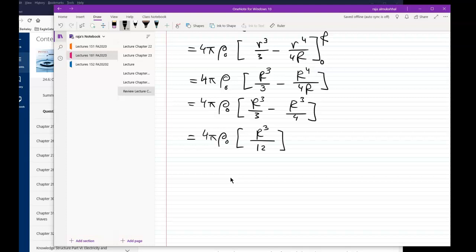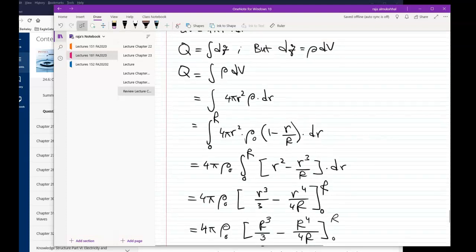Oh, I forgot to put the limit, 0 to R. And then we'll plug in there. Again, we are solving for big Q, remember? All these equals are basically big Q right there.